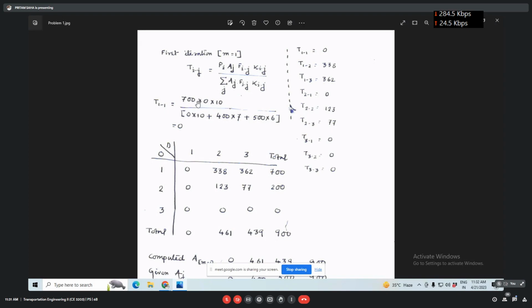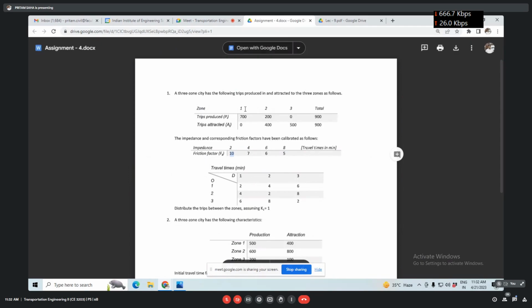Upon what? You will have to take the sum of the product of attraction and friction factor. So attraction for zone 1, zone 2, and zone 3 you have to consider. Attraction for zone 1 is 0, for zone 2 is 400, for zone 3 is 500. The first one was 1,1, which was 10.